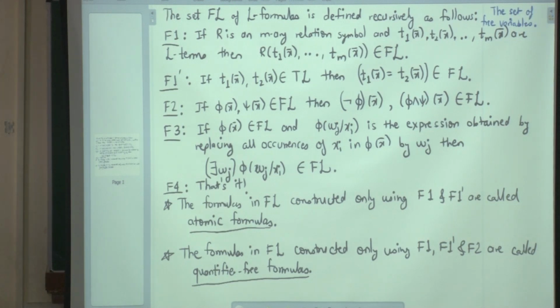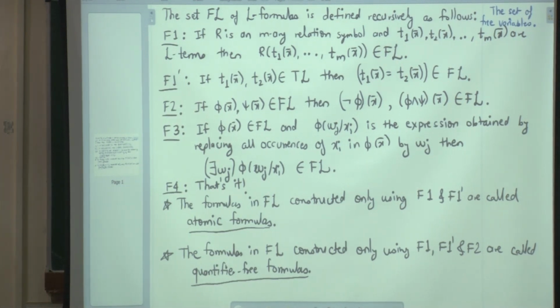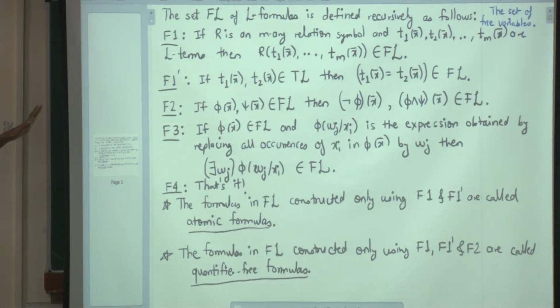If t1, t2, ..., tm are terms in context x bar, then what are the free variables in R(t1, t2, ..., tm)? Free is something that is not bound by a quantifier. There is no quantifier here. Terms do not contain any quantifiers.